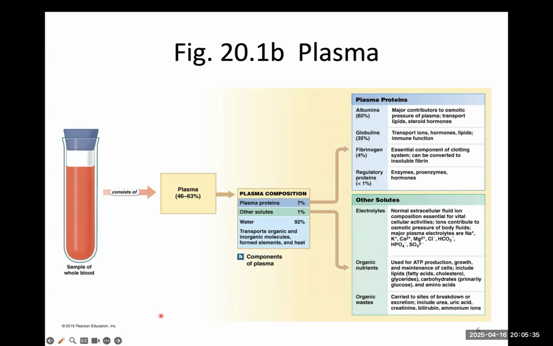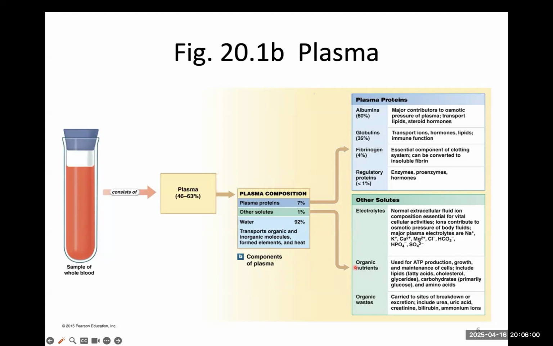So it's a little bit more complicated than just white blood cells. I'm going to test you on different shapes of the blood cells, but not these percentages. You don't have to know these percentages here for the plasma proteins and other solids. Your textbook does give you a chart for it.